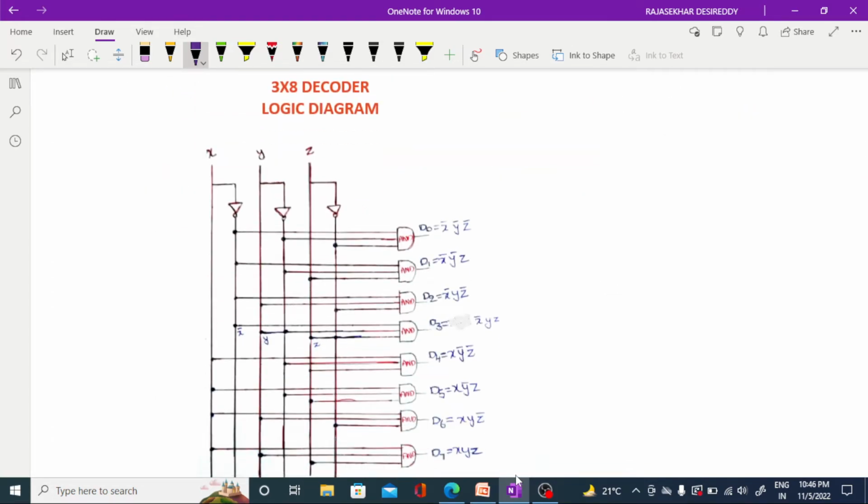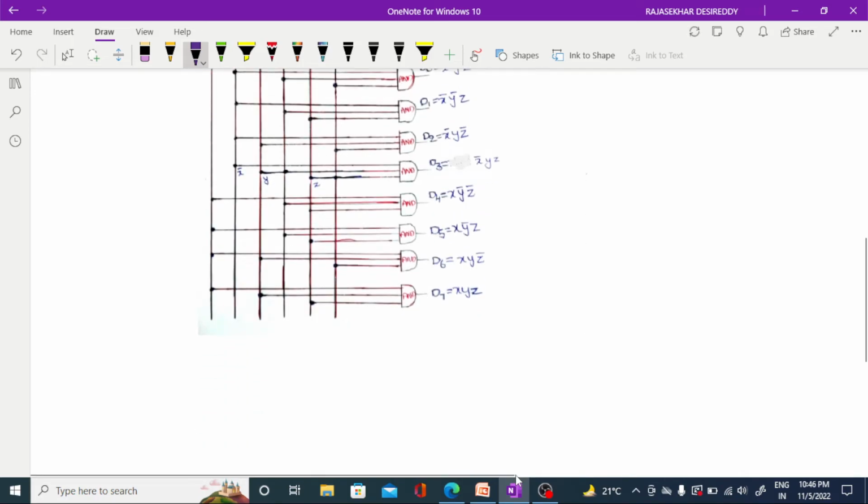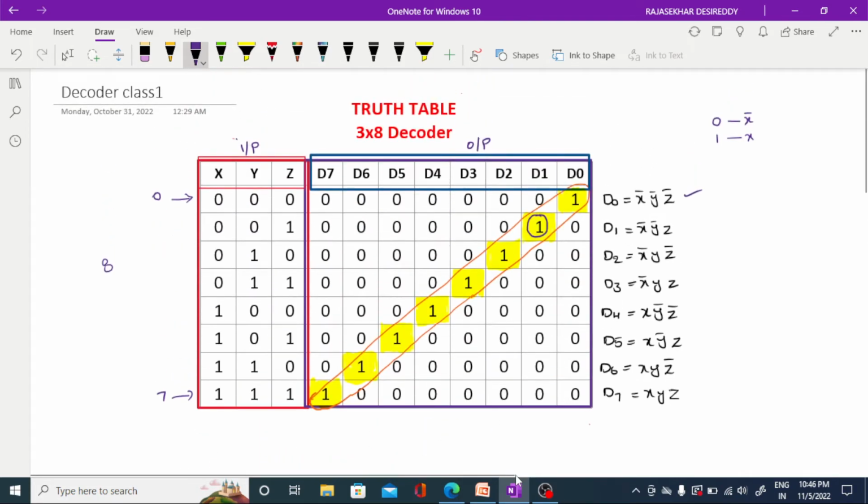Now, coming to the logic diagram. Observe the logic diagram. To draw the logic diagram, we need to use the output expressions, D0 to D7, to get clarity about which logic gates are used.